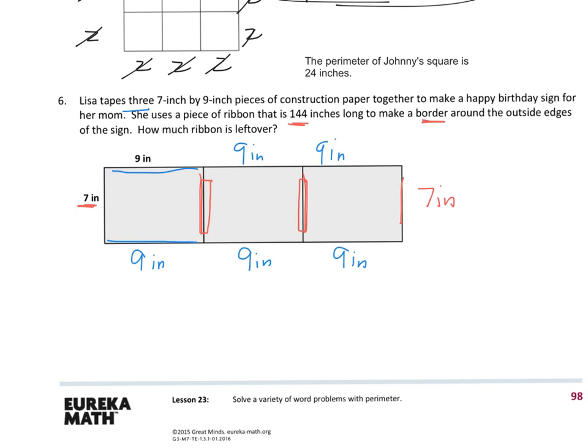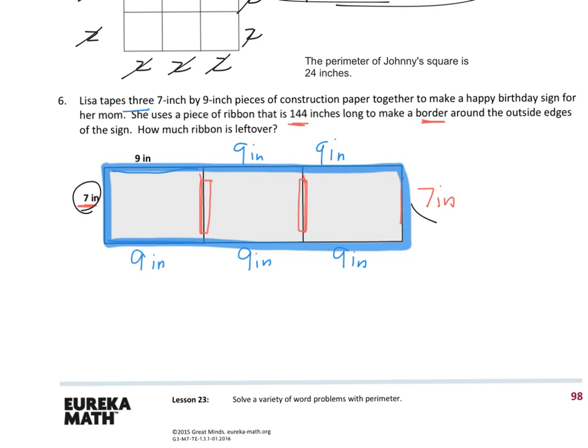So to find the perimeter, again, the perimeter is the distance around the outside or the boundary or the border of the object. So now I'm going to add these up. And I'm going to do this a little differently because I think I can do this a lot quicker. I see that there's 2 7s. And I know I have to add that to the other sides.